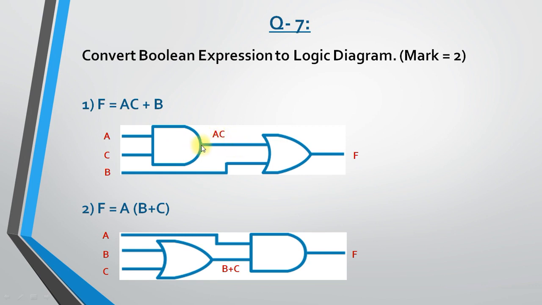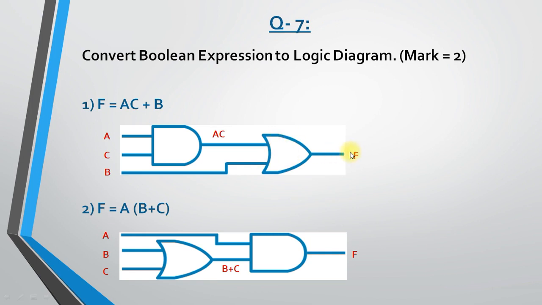Now this output I need to pass into the OR gate as the first input line. Similarly, I have used the plus sign over here. So plus B means into the OR gate, my second input is related with the variable B. That input I need to pass inside the OR gate.